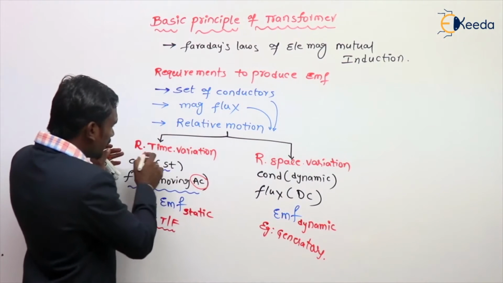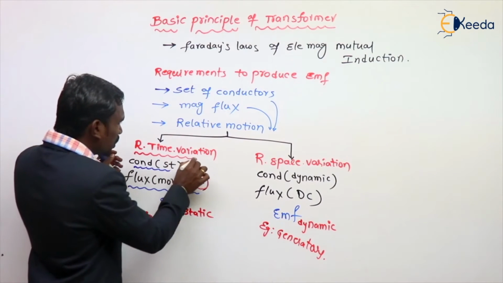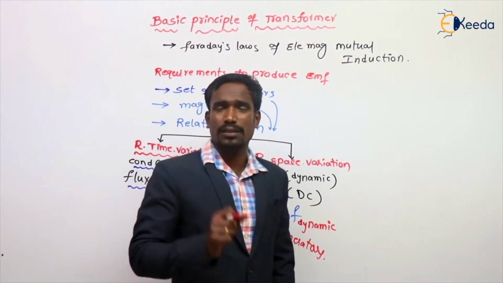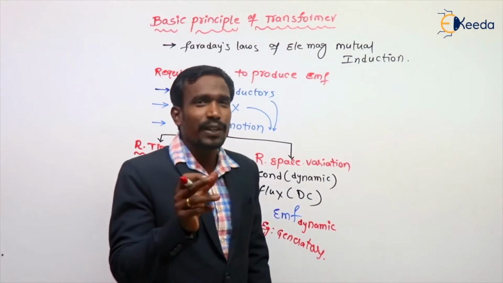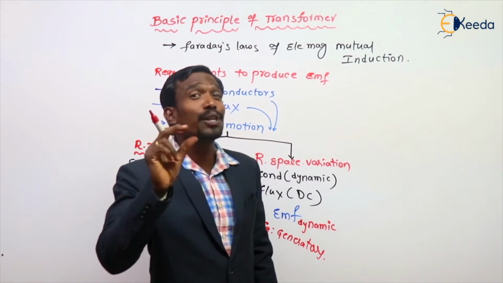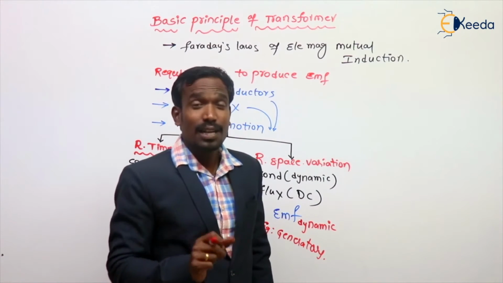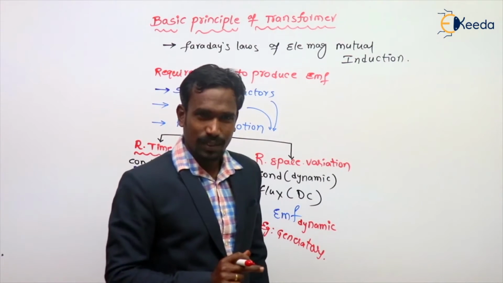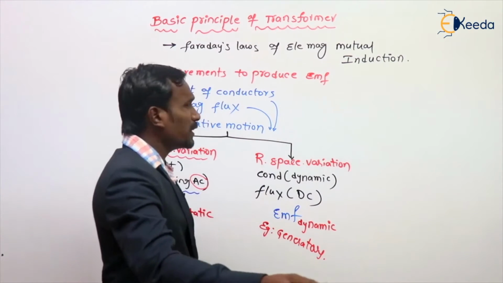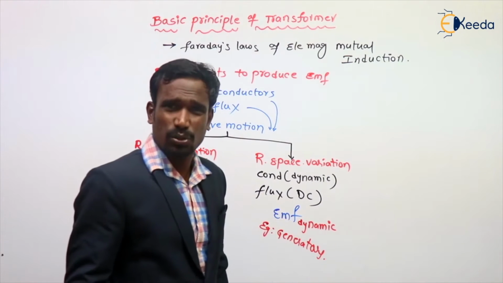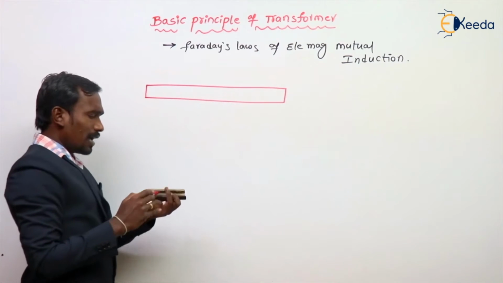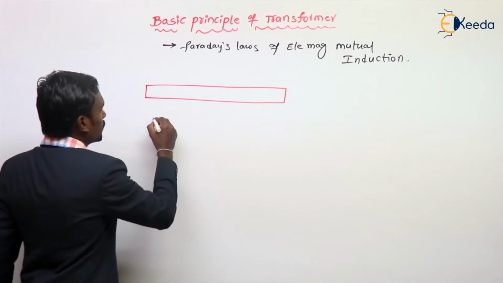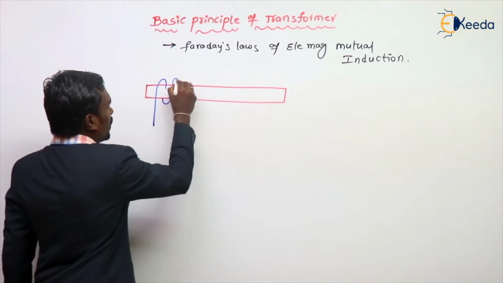In relative time variation, the EMF is induced in two ways. One is self-induced, the other one is mutually induced. Let's see what is self-induced and what is mutually induced. For example, here I have two windings, one after the other.